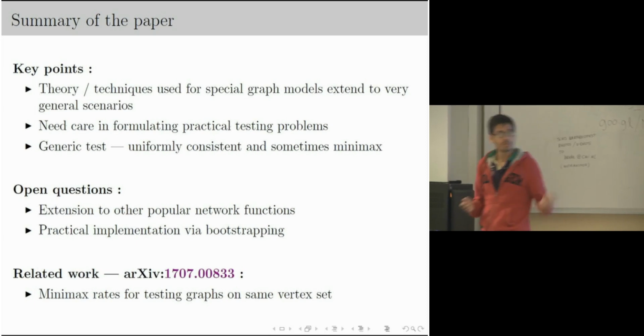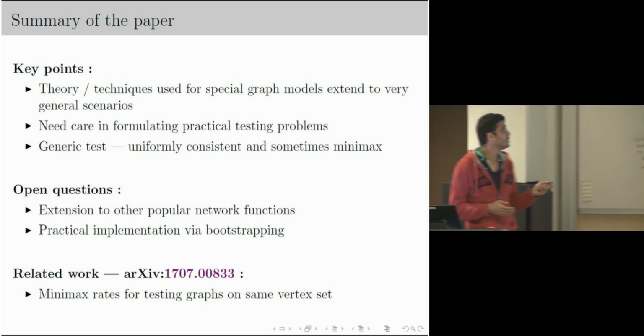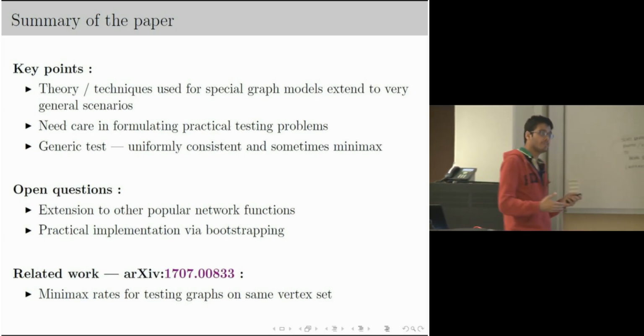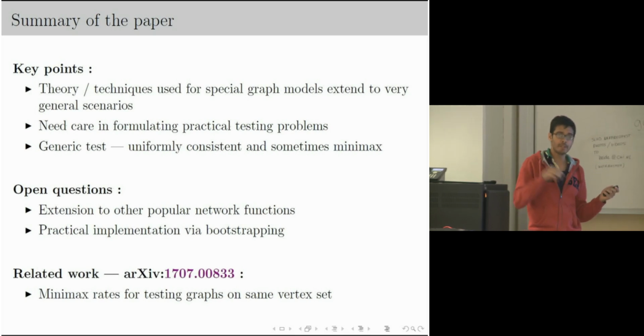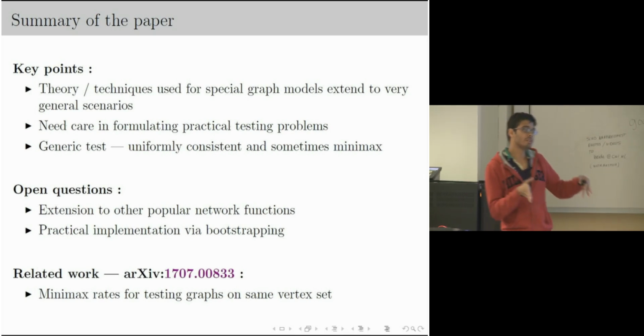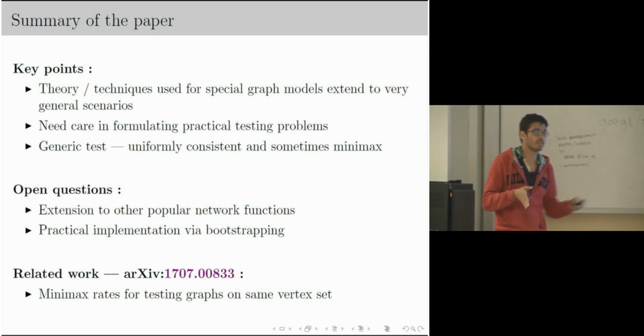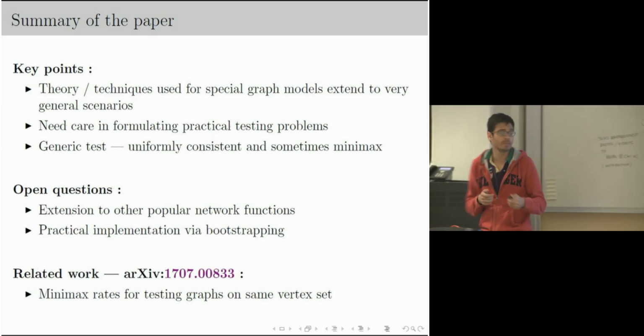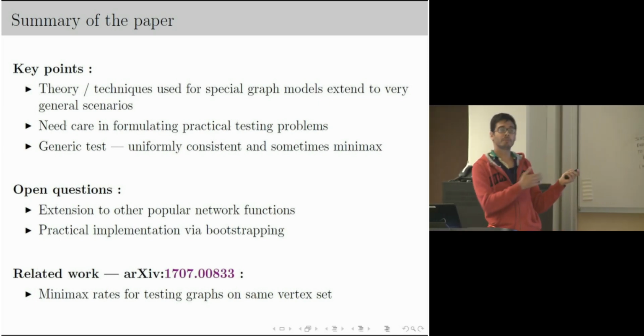And that's the whole message of this paper: whatever we already know in theory doesn't apply to very specific model classes, but you can start comparing graphs, very large graphs, even when you have one sample, as long as you pose the problem in a neat way.